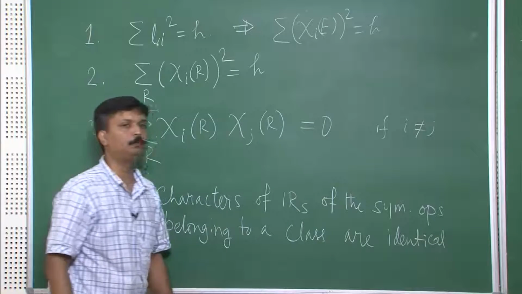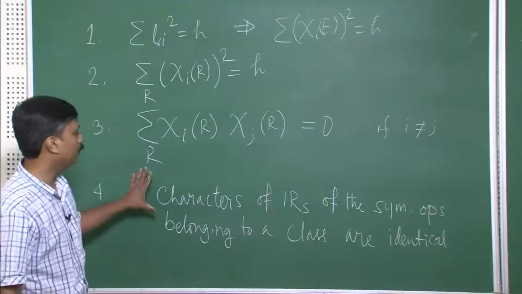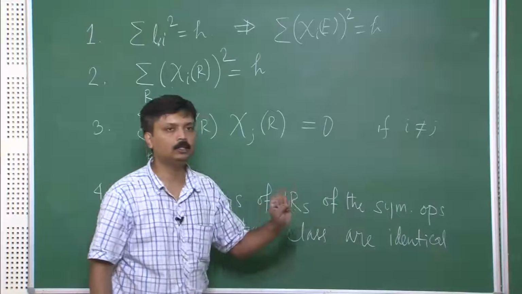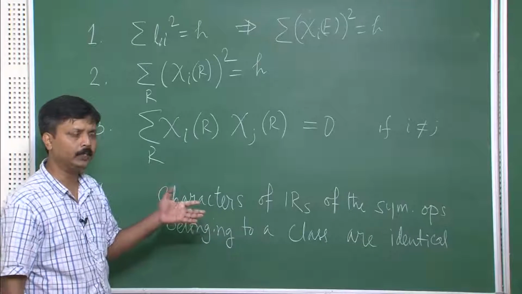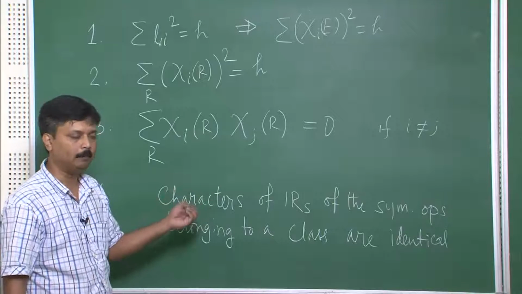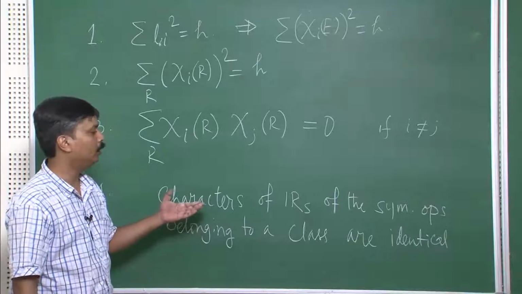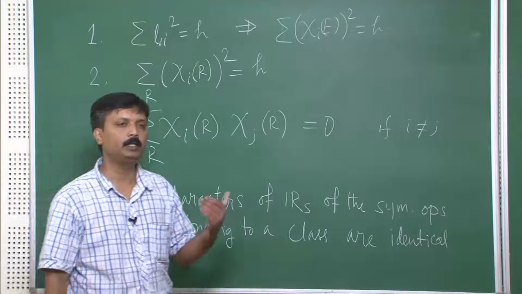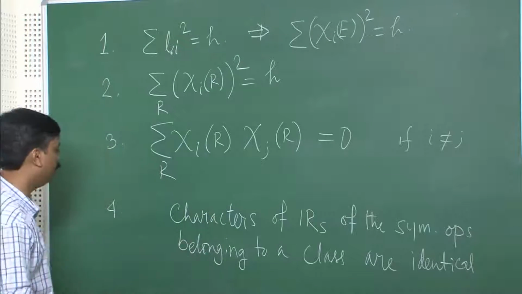And as a proof, we have proved this because the elements of a class are conjugate to each other, and the matrices that represent those elements, in our case symmetry operations that form a class, will also be conjugate to each other, and we have proven that conjugate matrices have identical characters. So this is already proven.